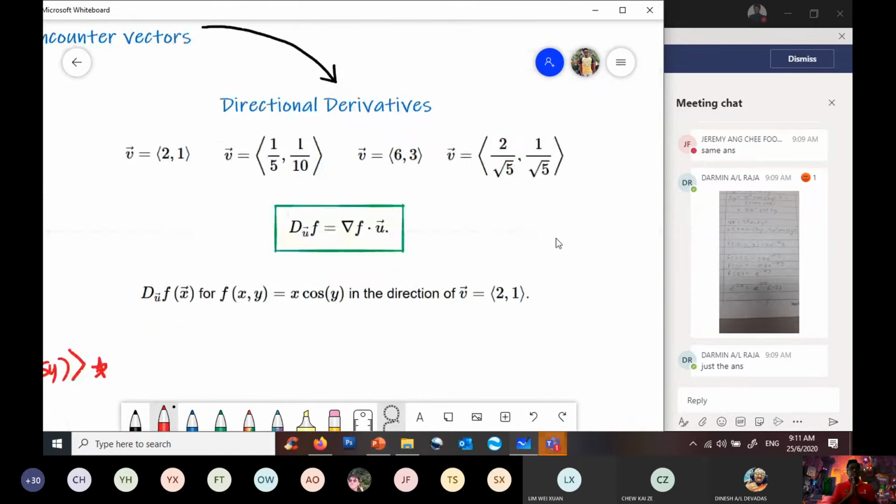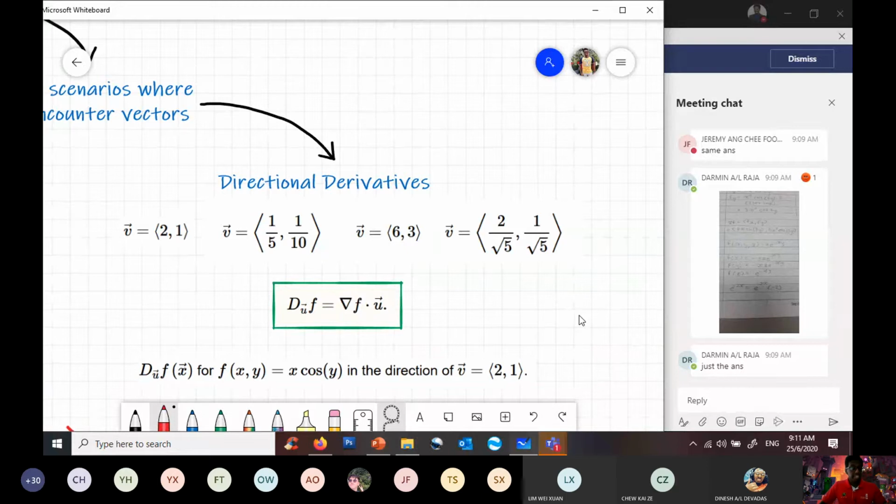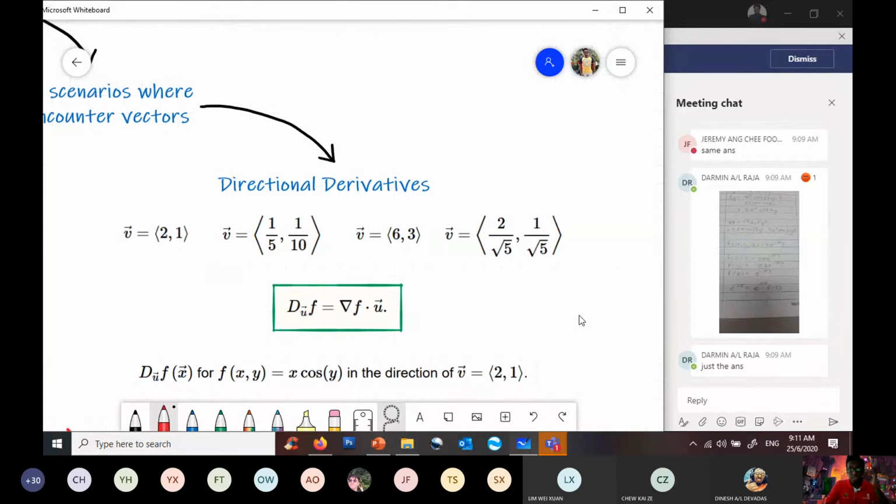Directional derivatives. So where should be good to start? Just now, we are doing gradient vectors, isn't it? I told you that if you have a multi-variable function, f(x,y), for example, you can find out what is the rate of change or what is the derivative in the x direction. Meaning that what happens if you keep y, don't change y.